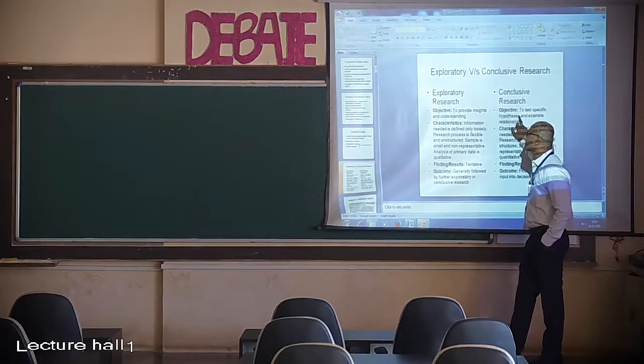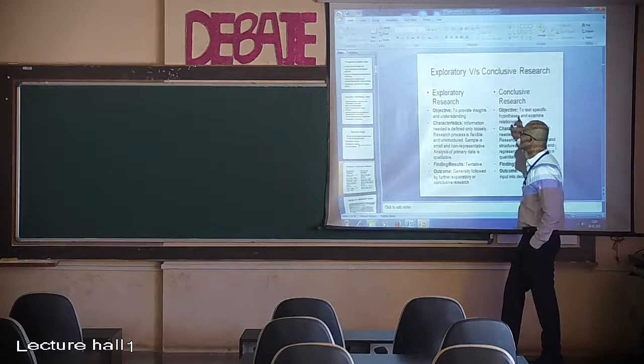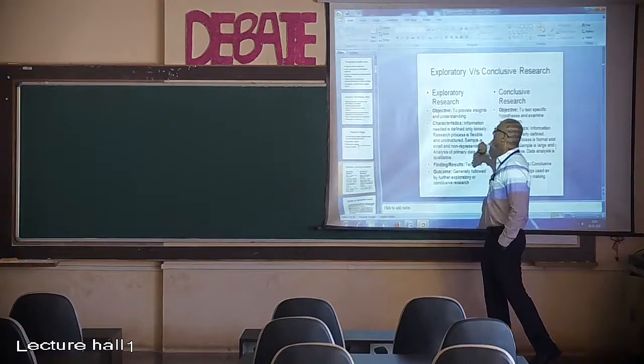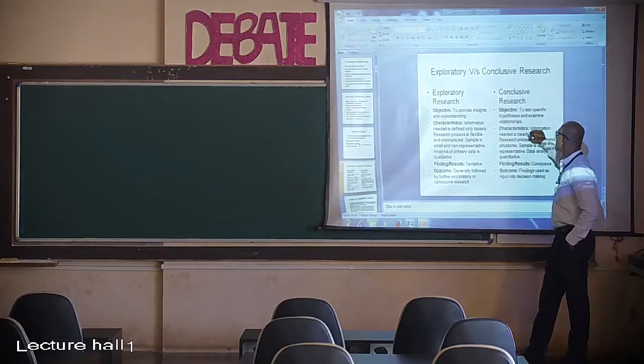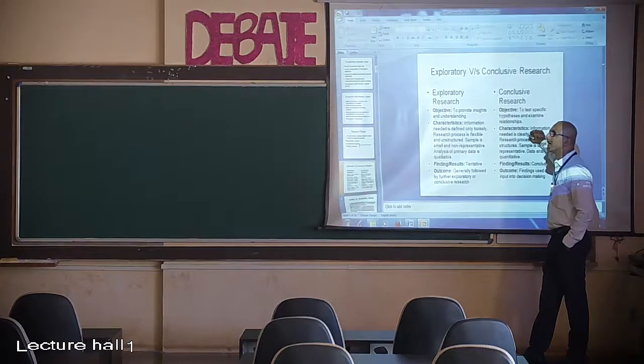Exploratory is we are trying to explore things. We want to understand what particular phenomenon is happening, and what are the reasons why it is happening. We'll try to figure that out in exploratory research, whereas in conclusive research, we are trying to test a particular hypothesis, and we are trying to understand the relationship between two different variables.